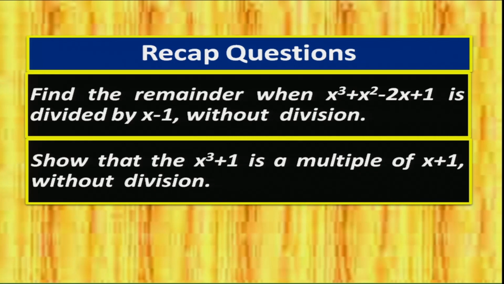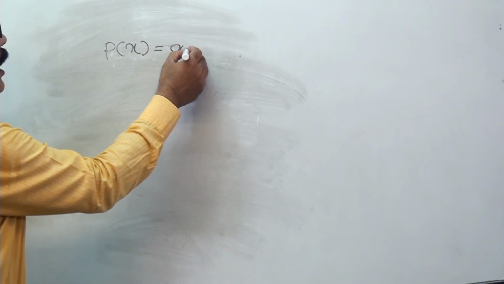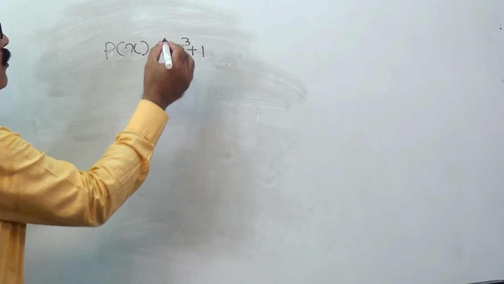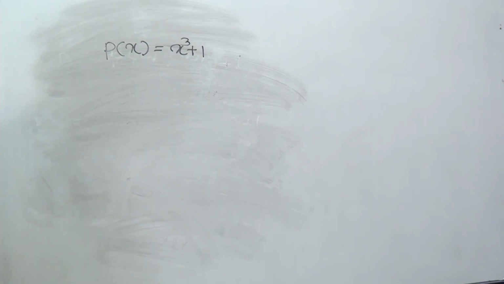That means if we divide x cube plus 1 by x plus 1, if the remainder will be 0, then we can say that x cube plus 1 is a multiple of x plus 1. So our P(x) is x cube plus 1.